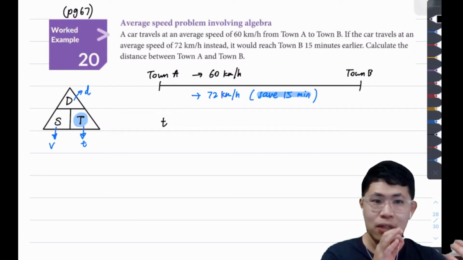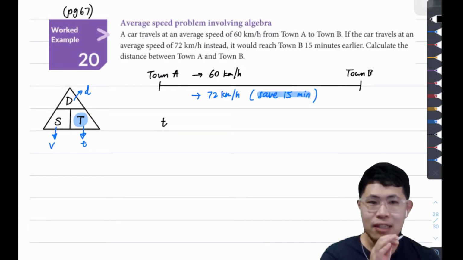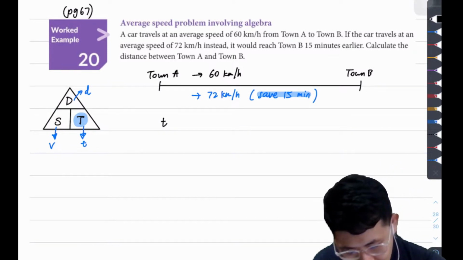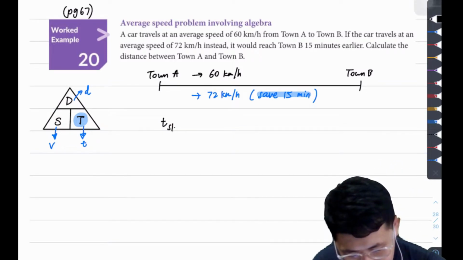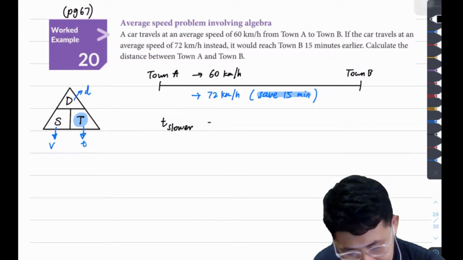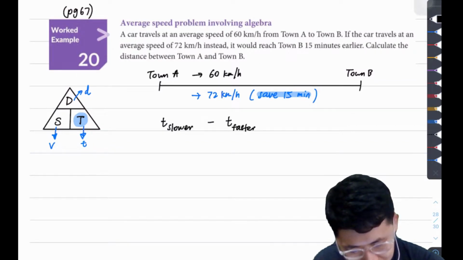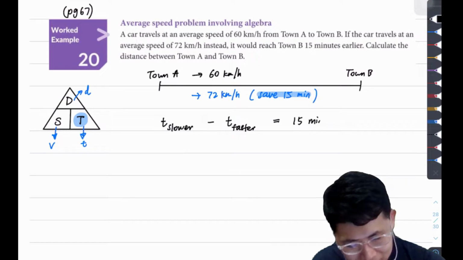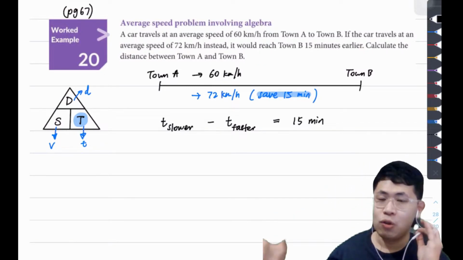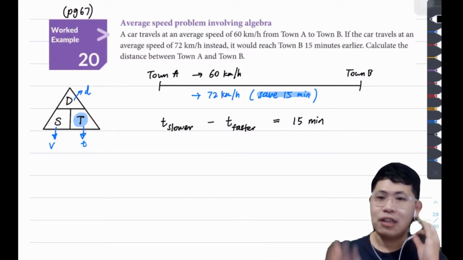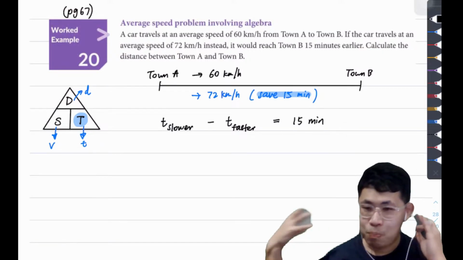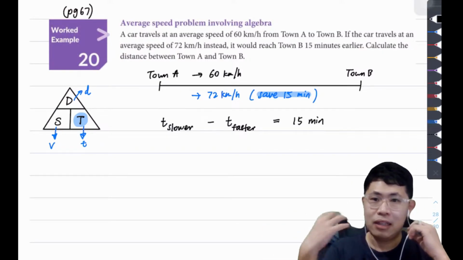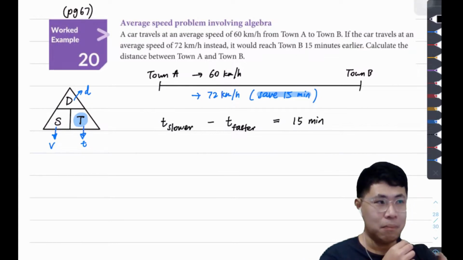The slower speed will take a longer time, and the faster speed will take a shorter time. So the time for the slower speed minus the time for the faster speed would equal 15 minutes. Do you agree? Because with the slower speed you need more time, and with the faster speed you need less time, so a bigger number minus a smaller number gives you the 15 minute difference.